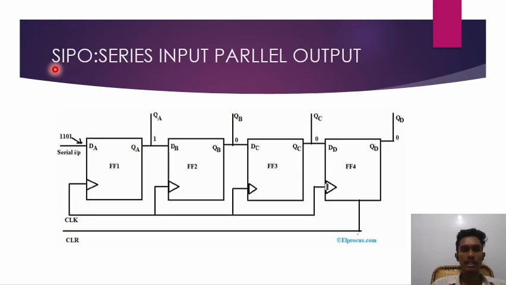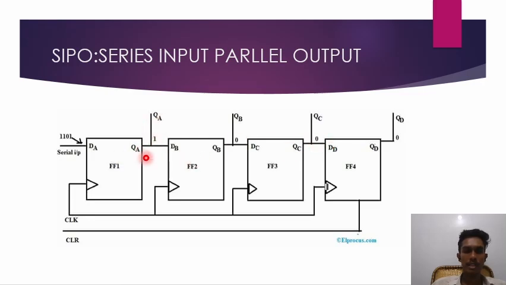Here the input is connected in series and the output is taken in parallel. The input DA is the input of the first flip-flop. The output of the first flip-flop is connected to the input of the next flip-flop, the output of that is connected to the input of the F3 flip-flop, and the output of F3 is connected to the input of the F4 flip-flop. We call this parallel output because QA, QB, QC, QD are all taken in parallel.